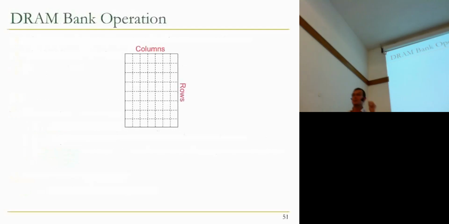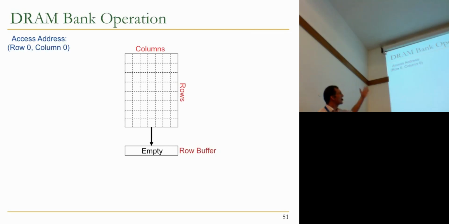Let's take a look at this pictorially. This is my pictorial abstraction of a DRAM bank. You have columns and rows. It's a 2-dimensional array. And you have a row buffer, which is needed to sense the entire row. Initially, this is empty. And let's say the processor has some accesses. The memory controller needs to access row 0 and column 0 within this bank. Because the row buffer is empty, the memory controller first needs to activate row 0.